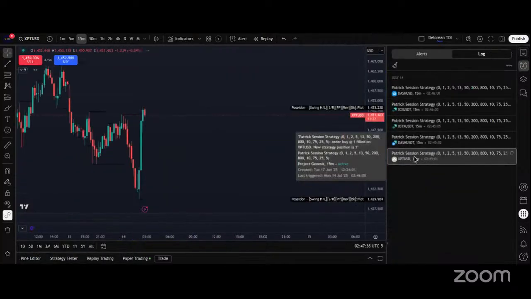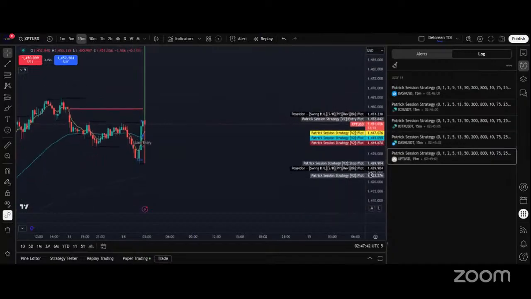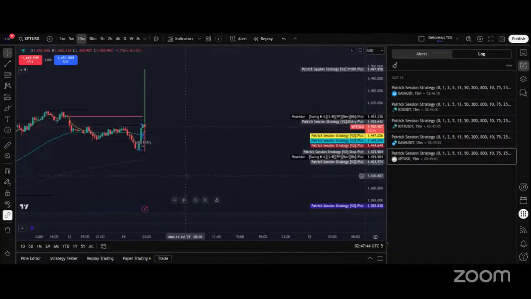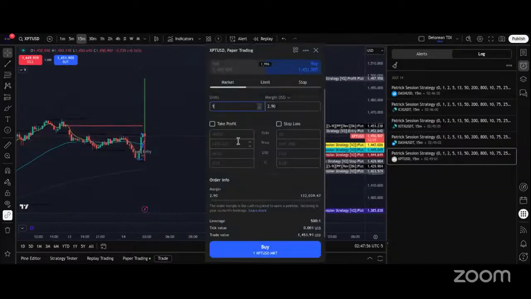Moving on, we've got XPT. This is Ripple versus USD. It's a spot cryptocurrency. We have aqua gray blue, uptrend. We have buyers in control of the market. Price over support. It's going to be a buy. Actually, this is platinum. Sorry. So this is going to be a buy to 1497.958.